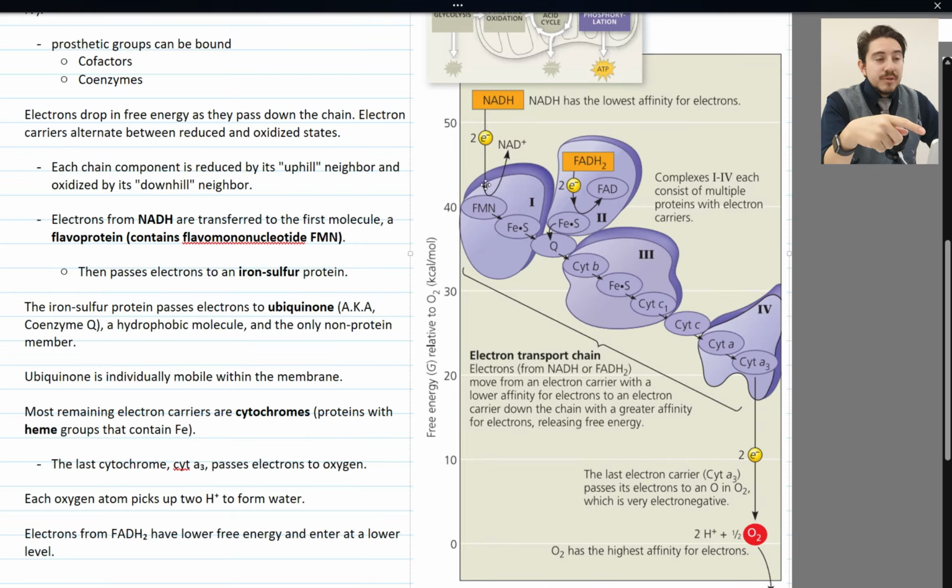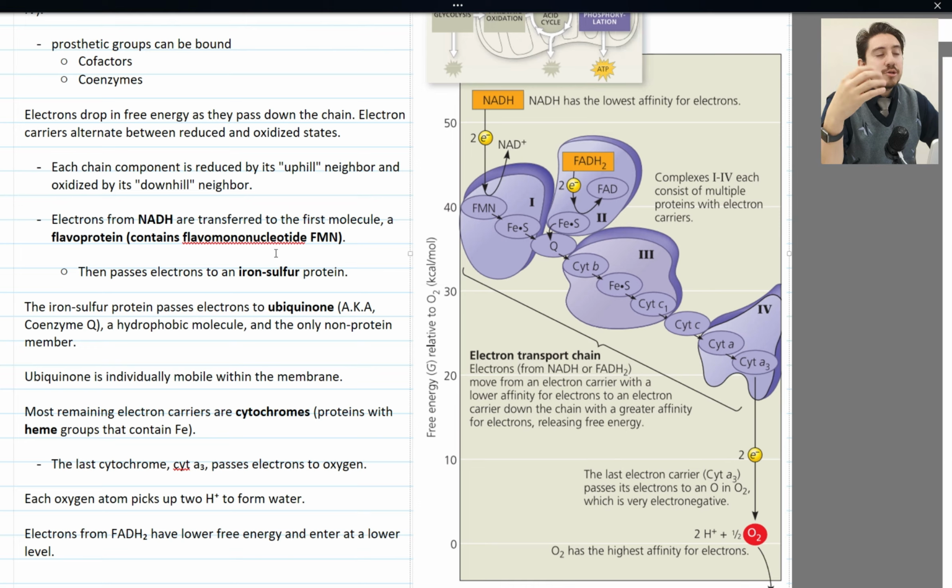Here it provides the electrons to the flavoprotein, which you see as FMN here, and this just means that it contains this chemical group, flavin mononucleotide, FMN. This is a molecule you should remember just because it's the beginning of the cascade.